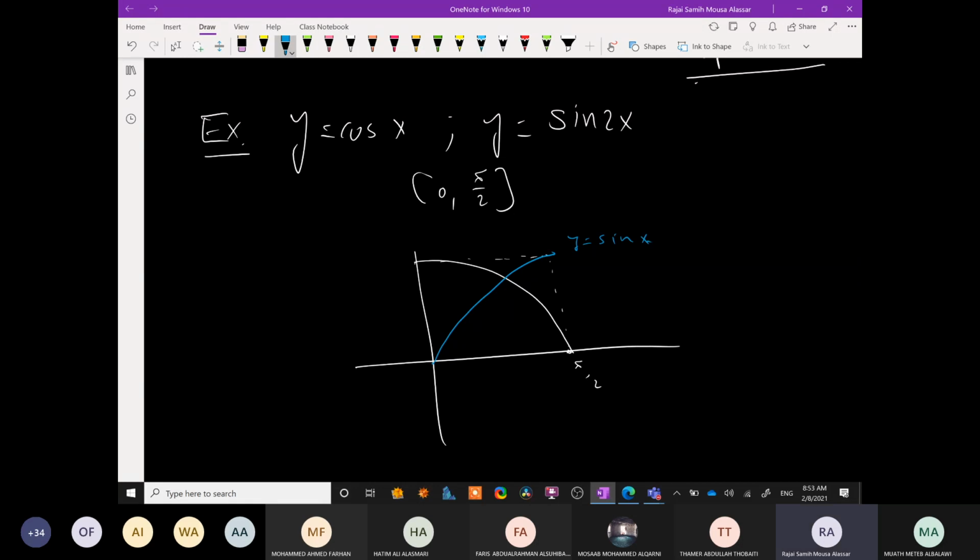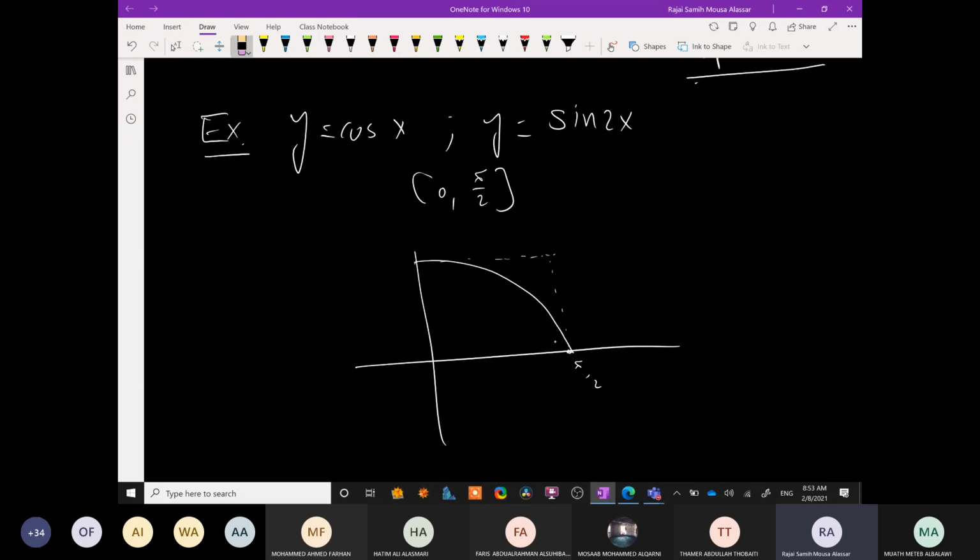Now I want to find the area between them. I'm sorry, this is the sine x. I want to have 2x. It's 2x, yes. So sine 2x has what kind of period, Shabab? Pi.